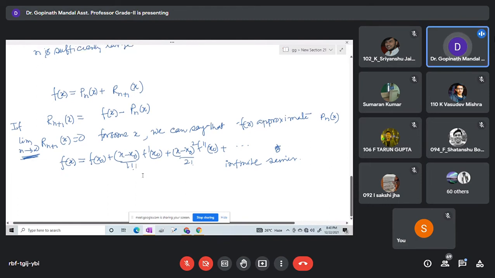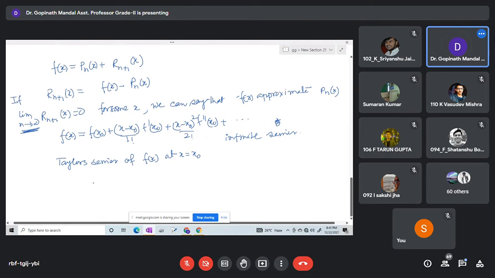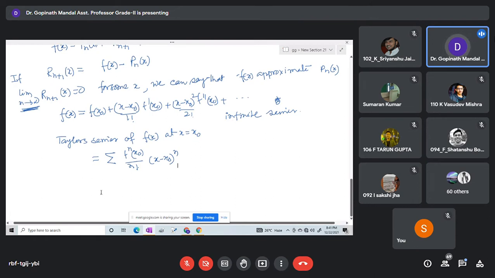This series will be called the Taylor series of fx at x equal to x0, and by summation notation this can be written as the sum of f^(n)(x0) by factorial n times (x minus x0) to the power n. So this is our Taylor series.